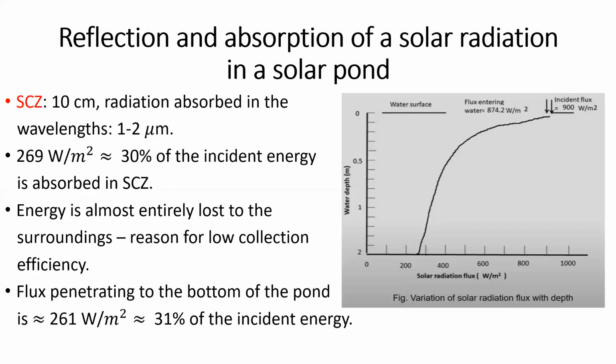1 to 2 micrometer, amounting to 41% of incident energy absorbed. This energy is almost entirely lost to the surroundings and is one of the main reasons for the low collection efficiency of a solar pond. Accurately speaking, 41% of the incident energy is absorbed there, so this energy is almost entirely lost to the surroundings. This is the reason for low collection efficiency.